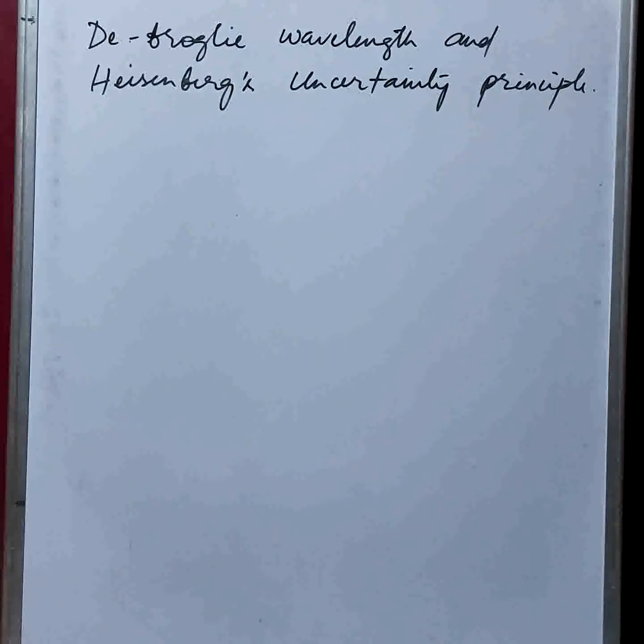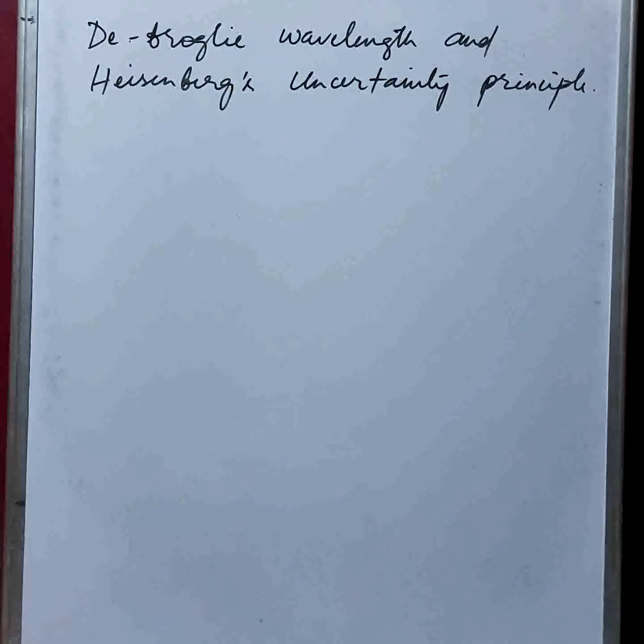De Broglie wavelength and Heisenberg's uncertainty principle. Now, the dual nature of the electron was proposed by de Broglie. But before de Broglie, Einstein suggested that light can behave both as a wave as well as a particle. That means light has a dual character. In 1924, de Broglie proposed that an electron behaves both as a particle and as a wave.